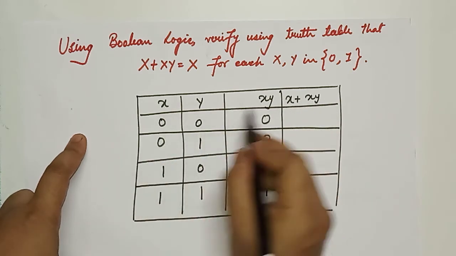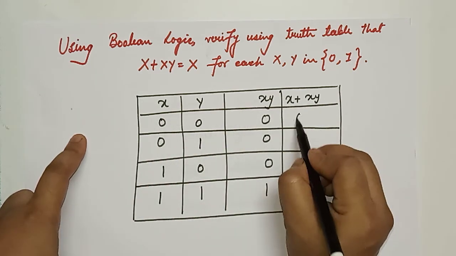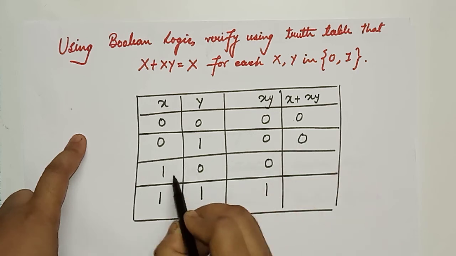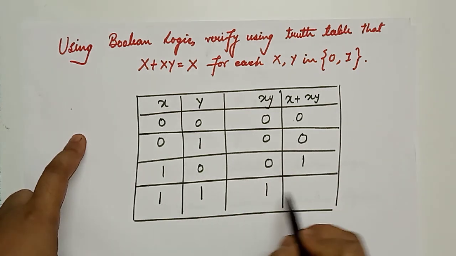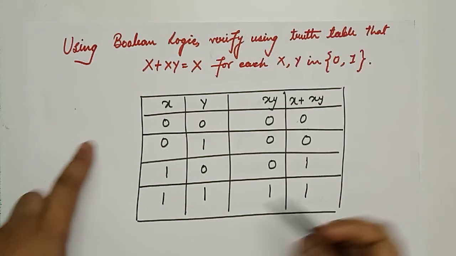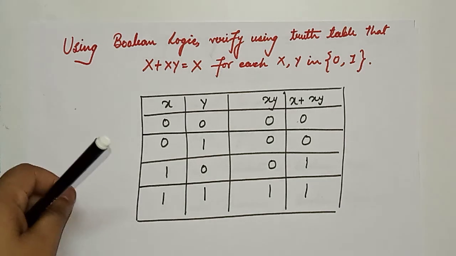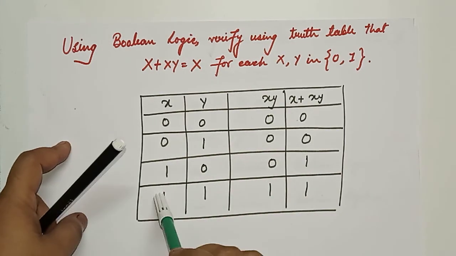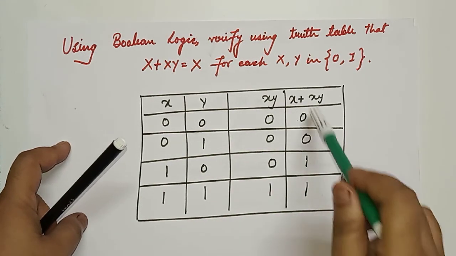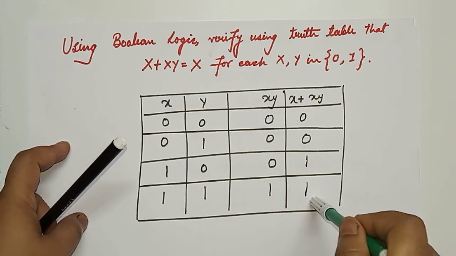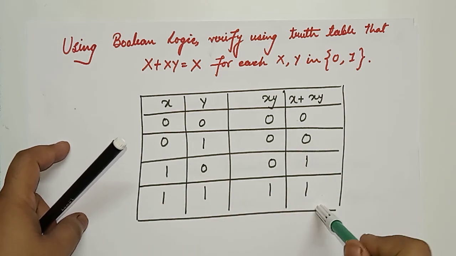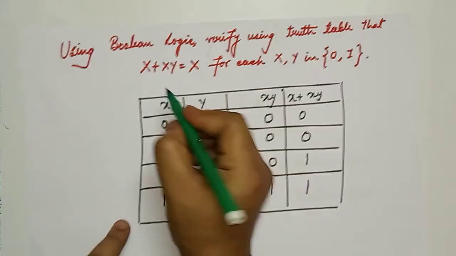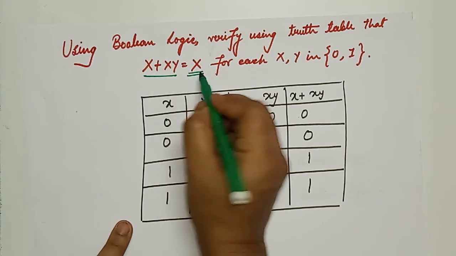That means for this and this column we have to apply the OR operator. 0 0 0, 0 1 1, 1 0 1, 1 1, it is 1. Now if you compare these two columns, you can see the columns are identical. Hence it is verified that X plus XY is equal to X.